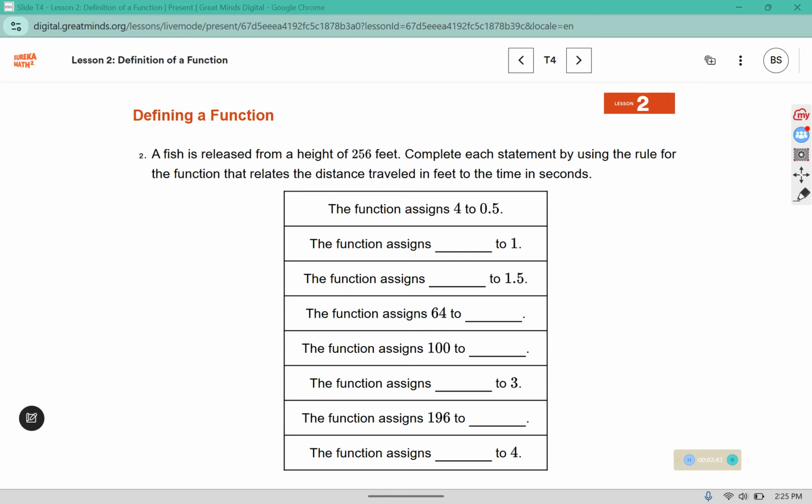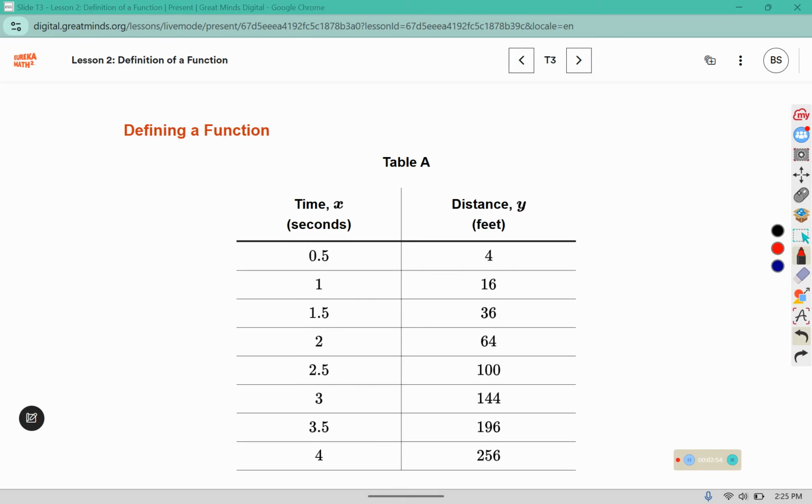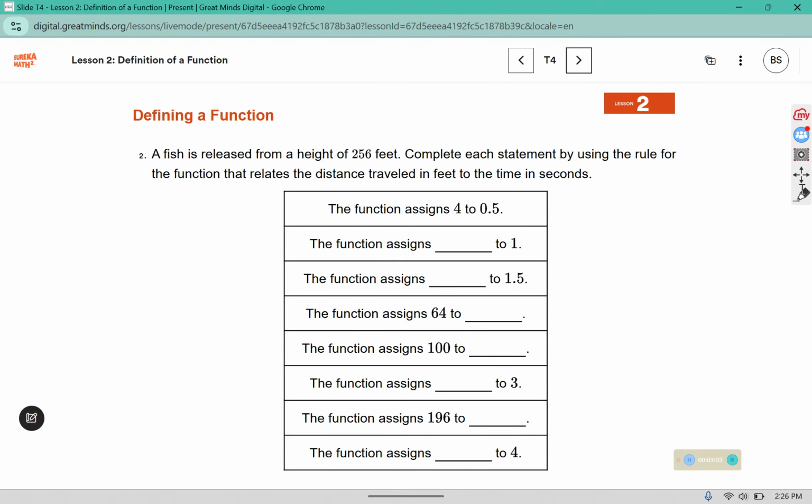Complete each statement by using the rule for the function that relates the distance traveled in feet to the time in seconds. So it says the function assigns 4 to 0.5. If we go back, it assigns the value 4 to the input 0.5. Here it says it assigns something to 1.